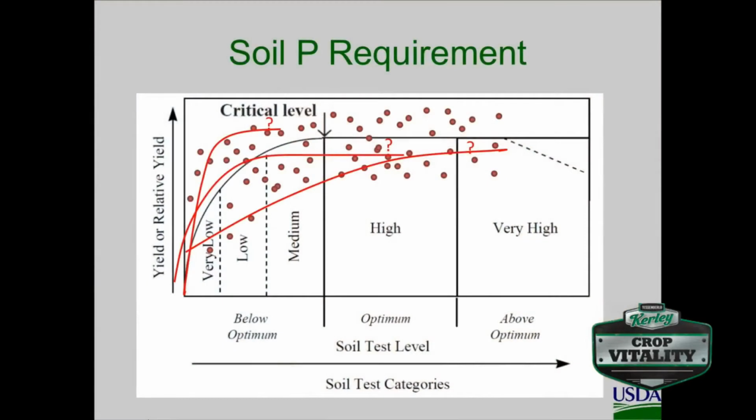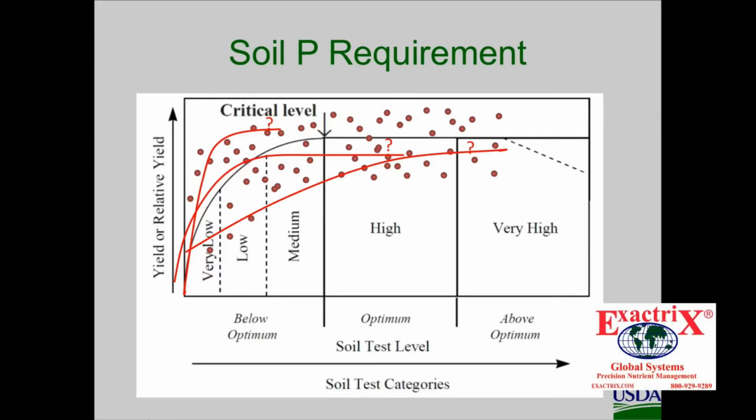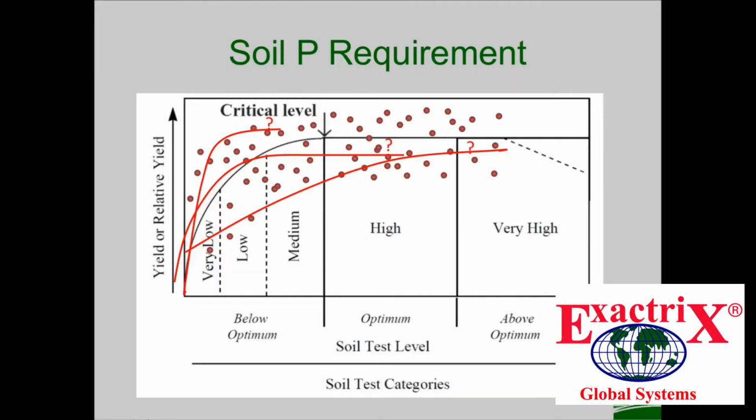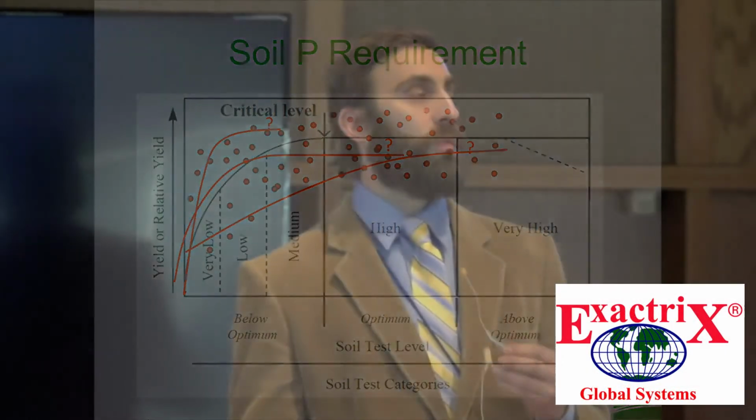Might look like that. Could look like this. But that's not what you get. You basically get the average, which is what's used in making your recommendation. So it's possible, in many situations, you could be over-applying phosphorus for your particular soil and needs, or you could be under-applying phosphorus. It goes both ways. Either way, it represents an inefficiency in the system and economically.